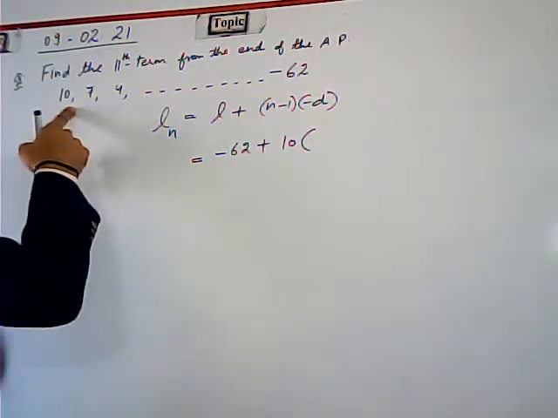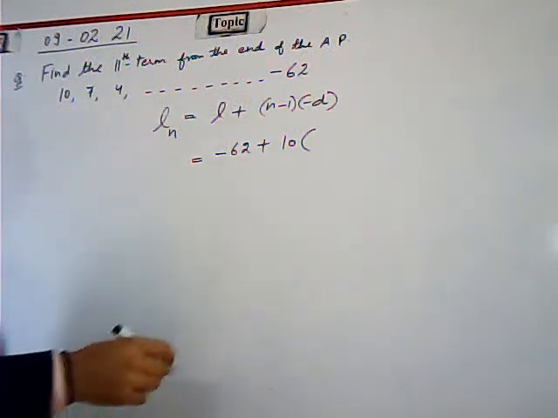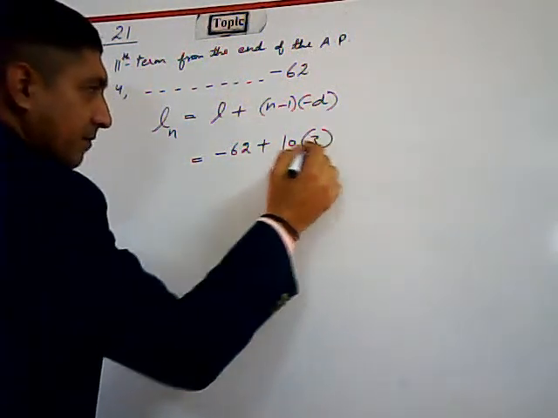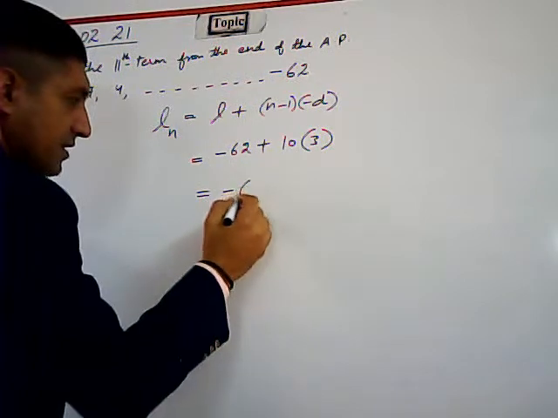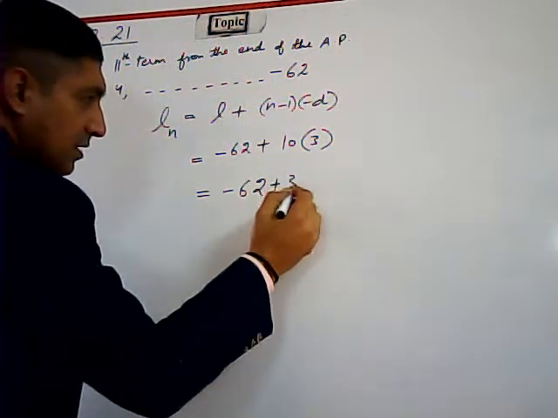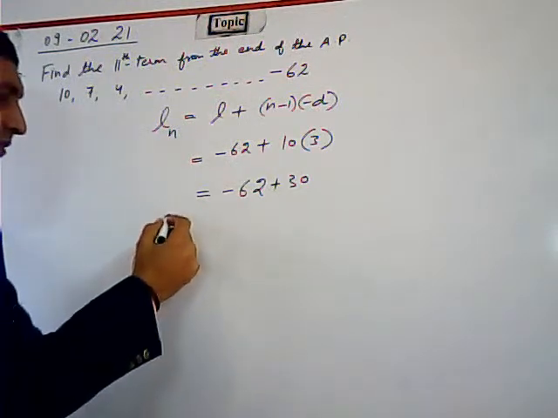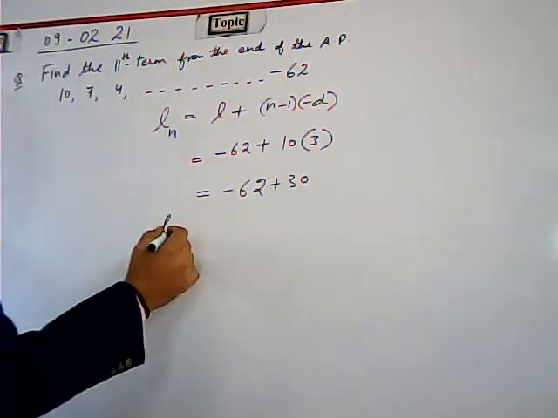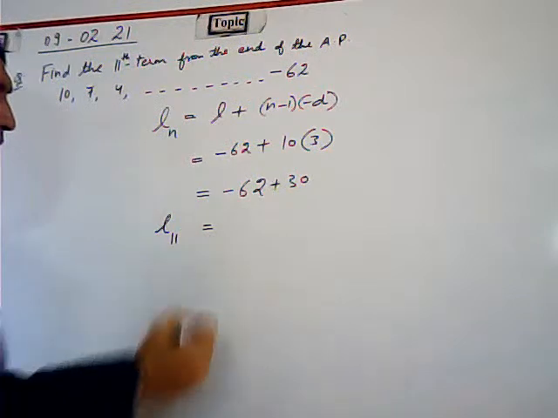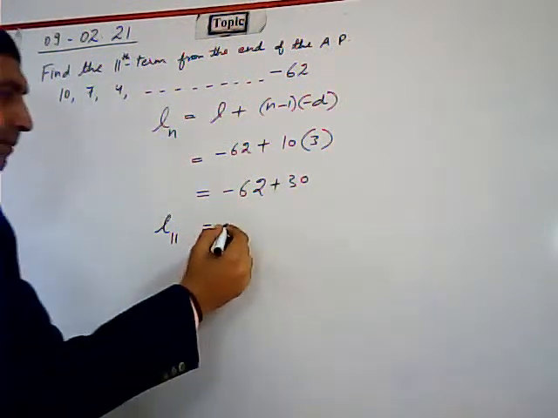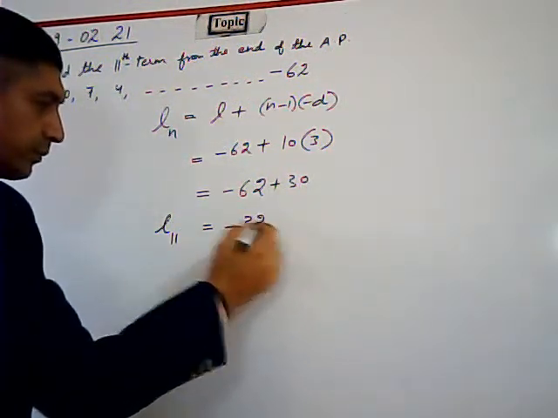Here the common difference is minus of 3, so minus 62 plus 30, so answer here, right? So 11th term from the last is equal to minus of 32.